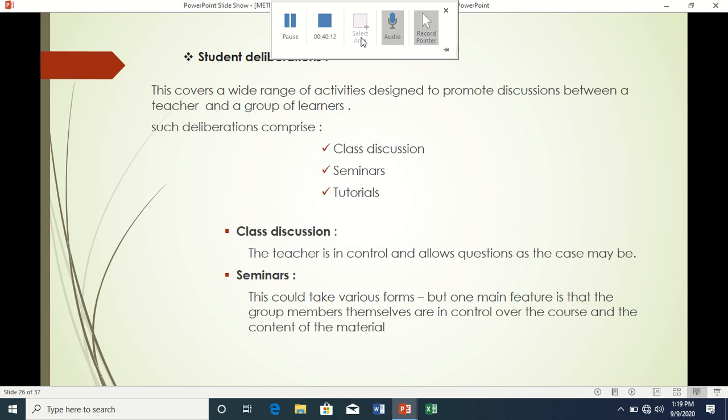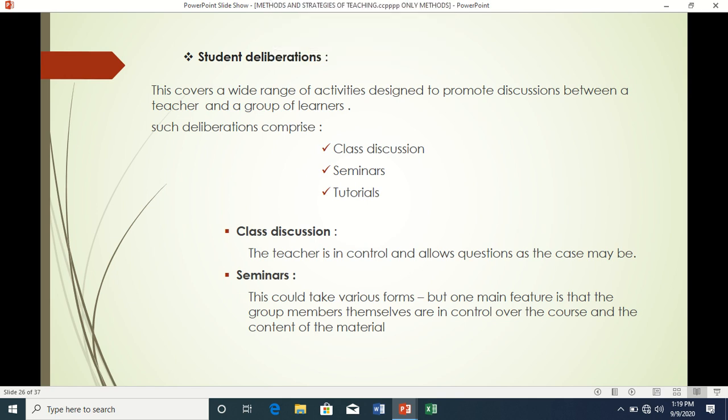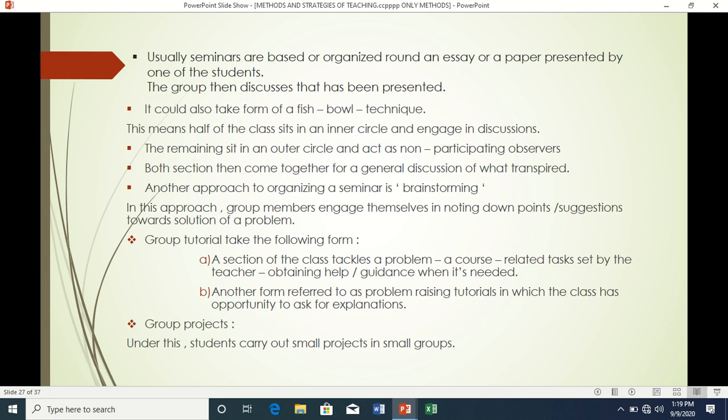Two circles, an inner and an outer circle, will be made and participants will be seated. Then a material is introduced and the content of that material is discussed by these individuals.